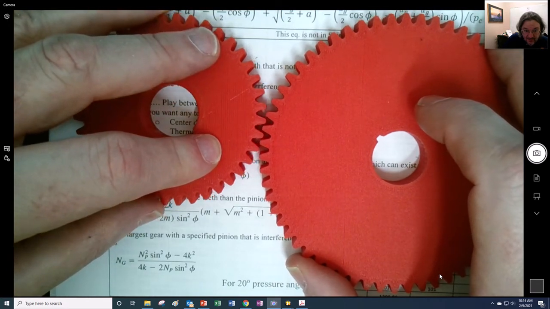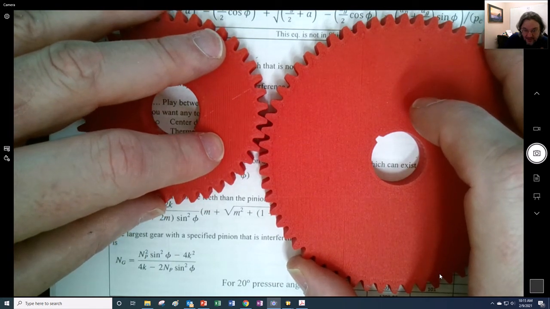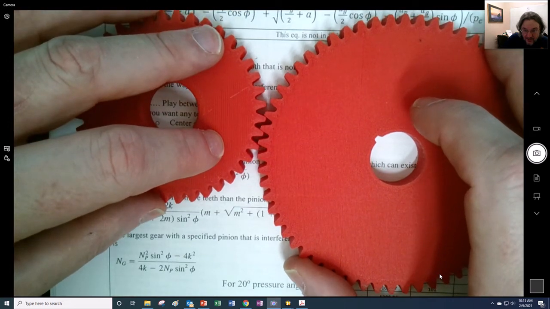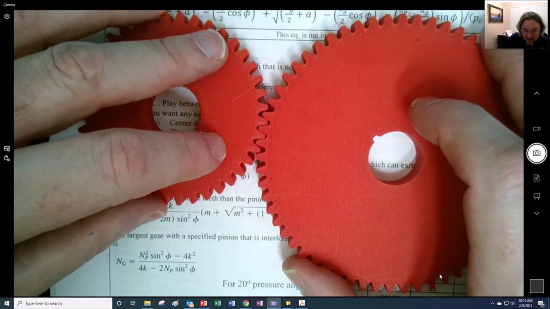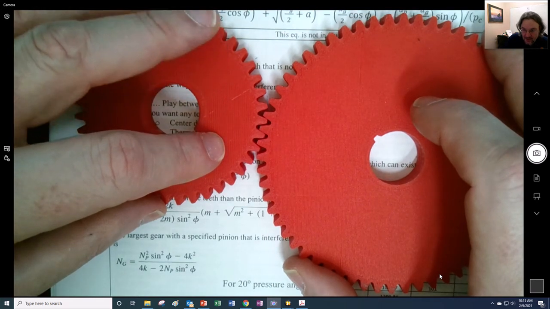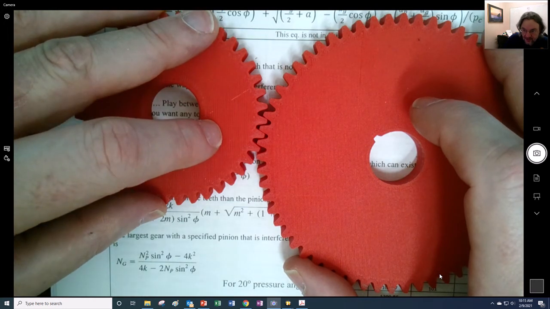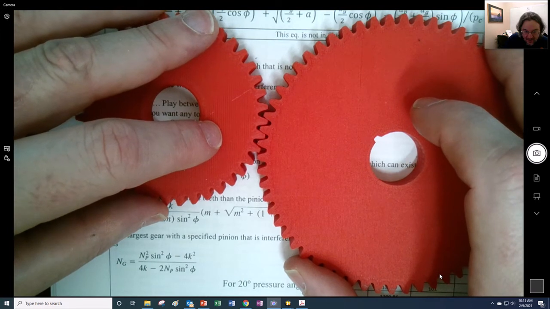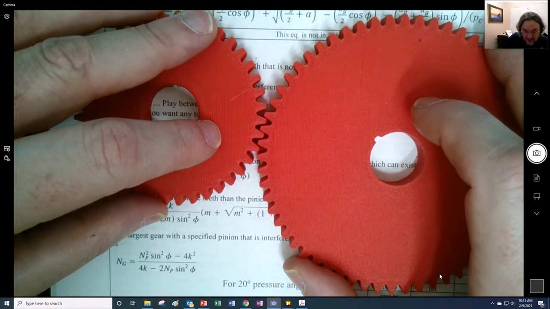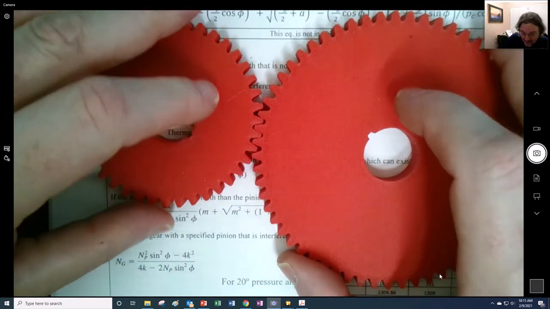We could avoid some interference by moving these away from each other ever so slightly, but then the contact ratio gets affected. We can actually reduce the contact ratio by artificially moving these centers away. The correct center to center distance is the average of the pitch circles, the pitch diameters. If we artificially move these away, we change the contact ratio, but we do avoid interference. We can create interference by making these closer to each other.